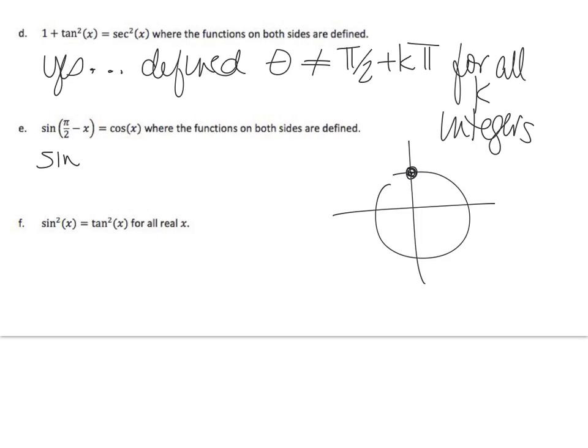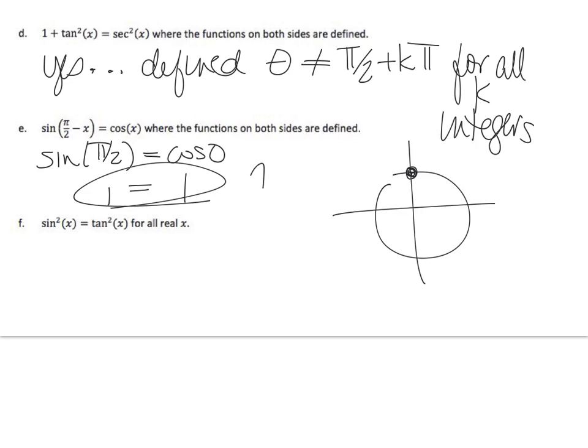If we do x equals 0, that gives me sine of pi over 2 and cosine of 0, which is 1 and sine of pi over 2 equals 1. I was in radians. It works for any values of x. We can keep plugging some in as long as we get 1 equals 1. This would be an identity for all real numbers.